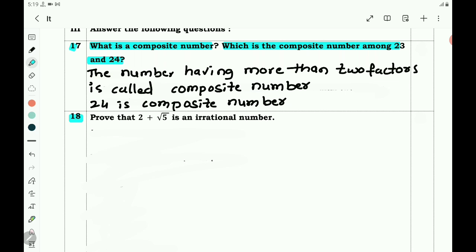Question number 18. Prove that 2 plus root 5 is an irrational number. Here first we have to assume to the contrary that 2 plus root 5 is a rational number.